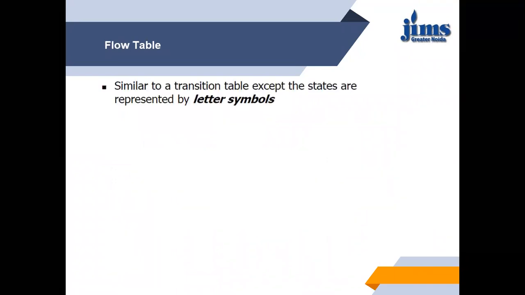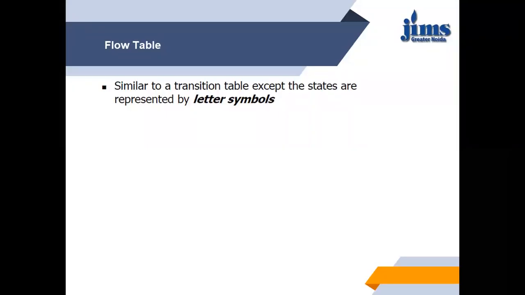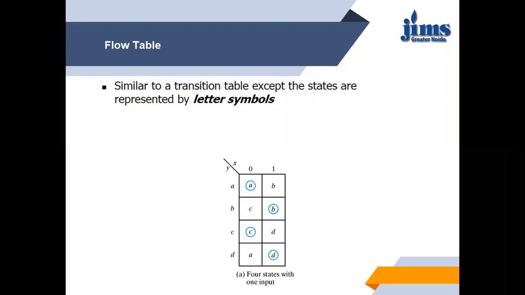The flow table. Similar to a transition table, a flow table is just like the transition table, except that states are represented by letter symbols instead of binary values. Suppose this is a flow table.